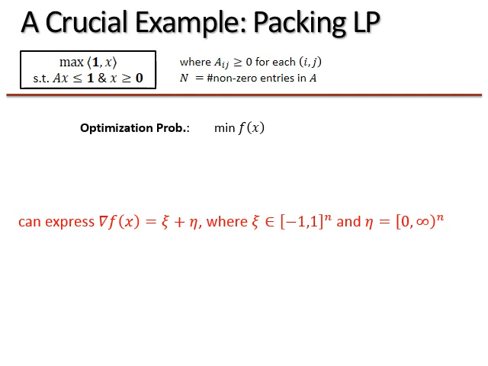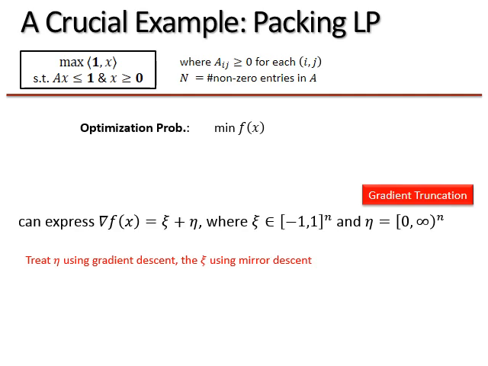We call this the gradient truncation technique, which allows us to truncate the possibly large gradient into its small and large components, ξ and η. Then we perform gradient descent on η and mirror descent on ξ. Using linear coupling, we can obtain a simple 1/epsilon³ convergence rate for parallel algorithms.